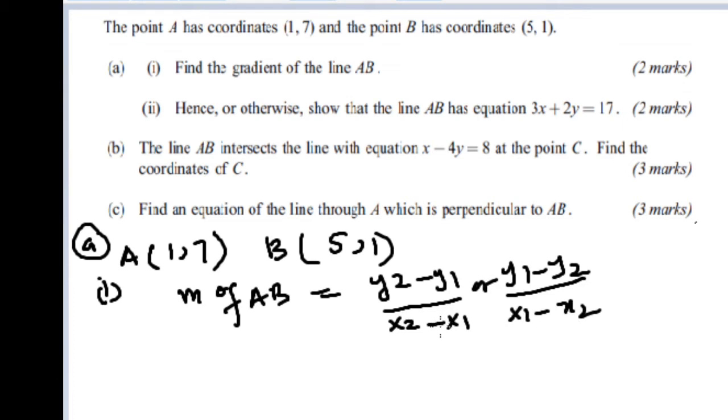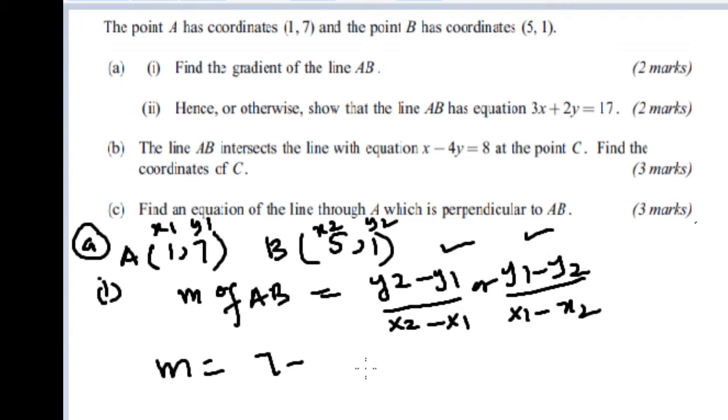It's up to you whether you use this one or that one. Both give the same answer.